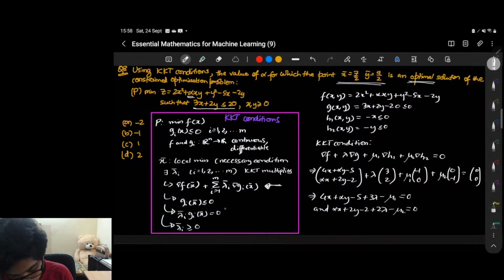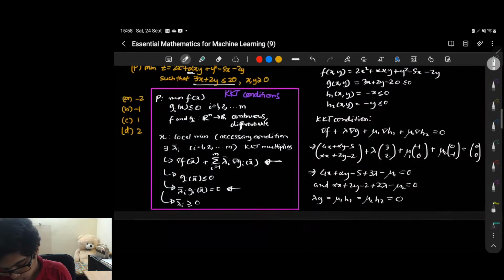And then from this KKT condition, this one, we will get lambda times G, mu1 times H1, mu2 times H2 is equal to 0. This implies that lambda times G is what? 3x plus 2y minus 20. Mu1 times H1 is what? Negative x. Mu2 times H2 is what?